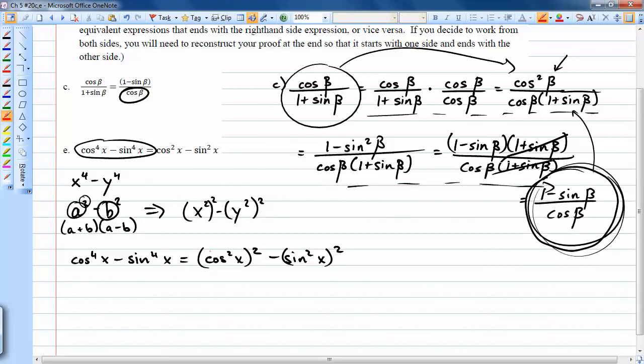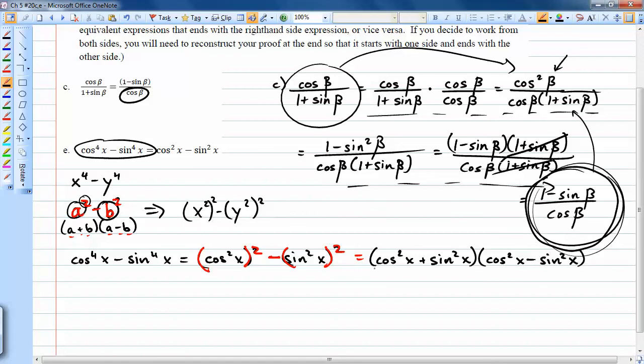And if I do this, it's something squared minus something squared, right? So that's going to turn into the first thing plus the second thing and the first thing minus the second thing. So the first thing plus the second thing is cos squared x plus sine squared x. And the first thing minus the second thing is cos squared x minus sine squared x.